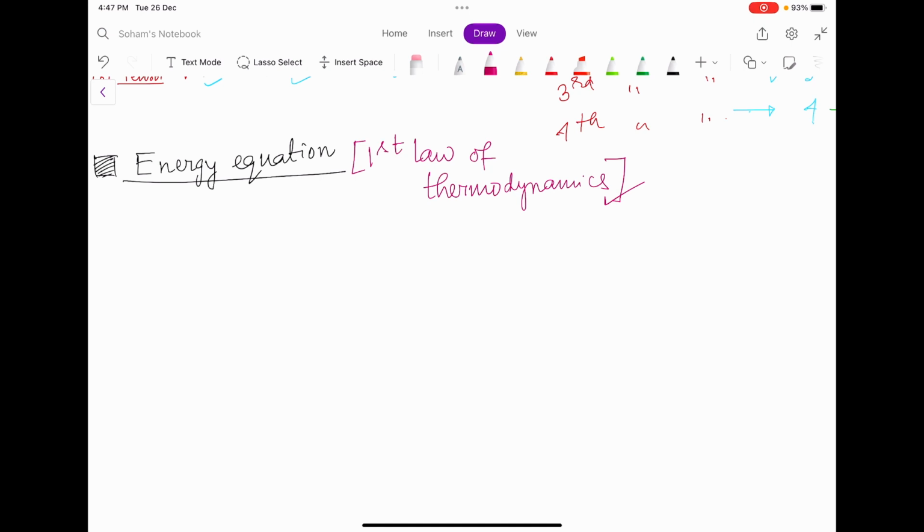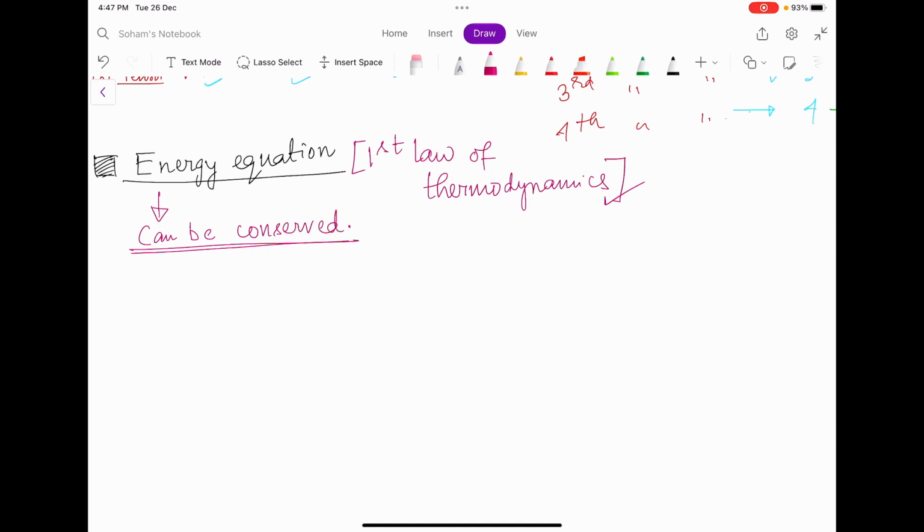So what do we mean by energy equation? Energy is something that can be conserved, right?